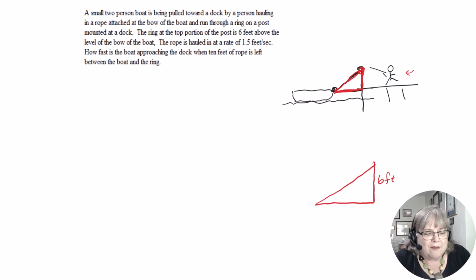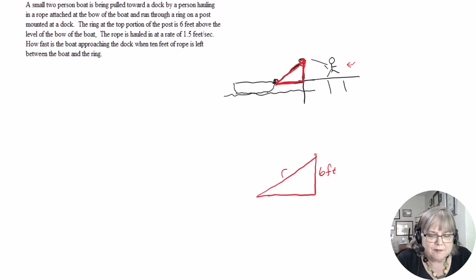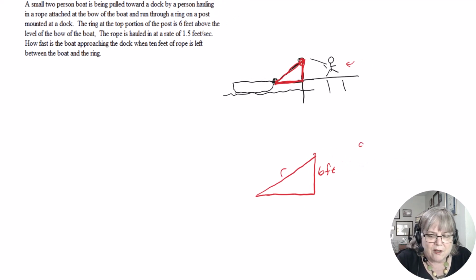6 feet above the level of the bow of the boat, the rope is hauled in at a rate of 1.5 feet per second. All right, so if you wanted to call this r, then dr/dt would be equal to 1.5 feet per second.